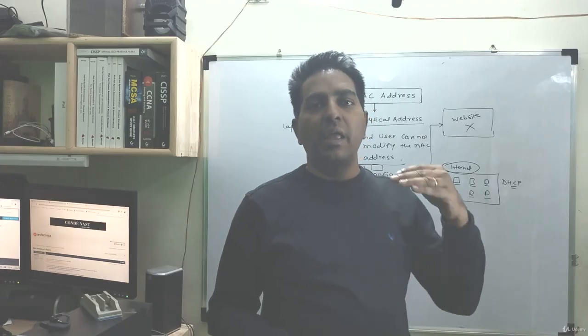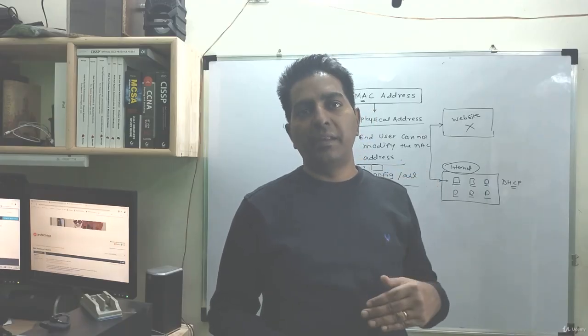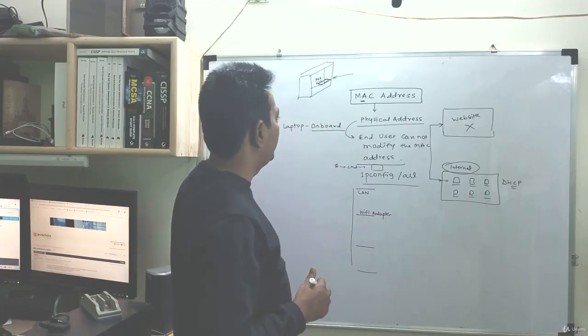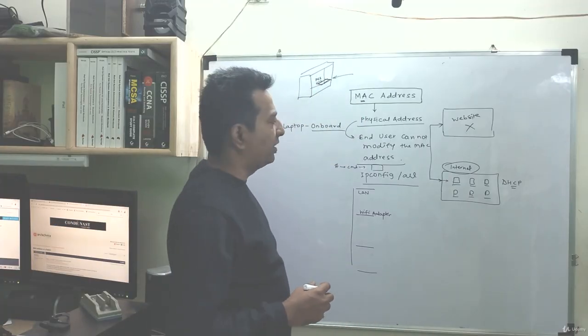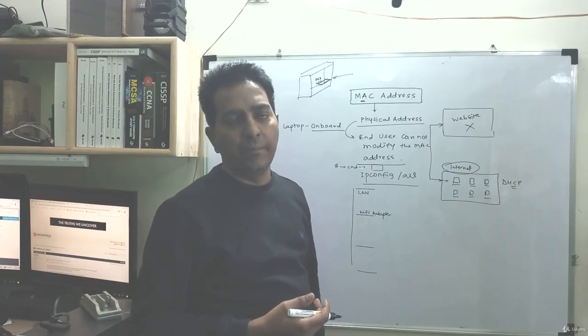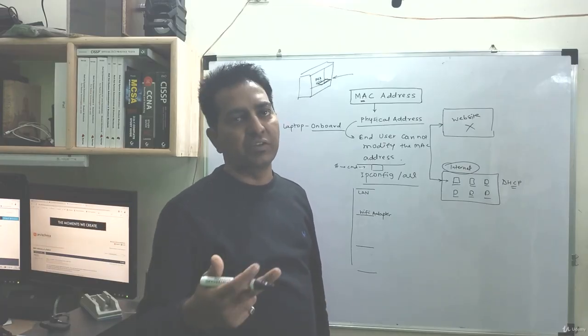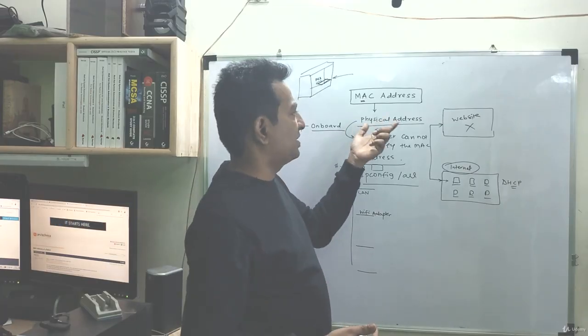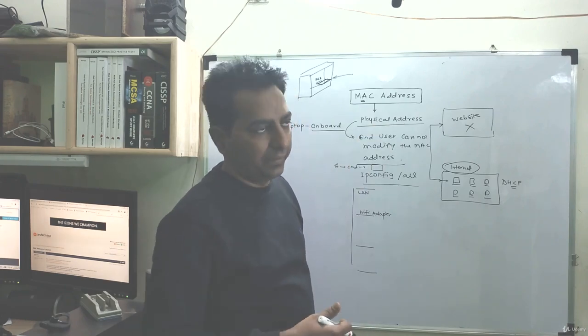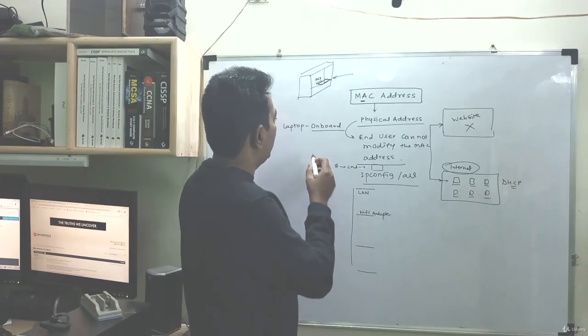So that's how a laptop has two MAC addresses. Another important thing you need to know is that a server generally has two NIC cards by default, and it has two separate MAC addresses or physical addresses assigned to it.